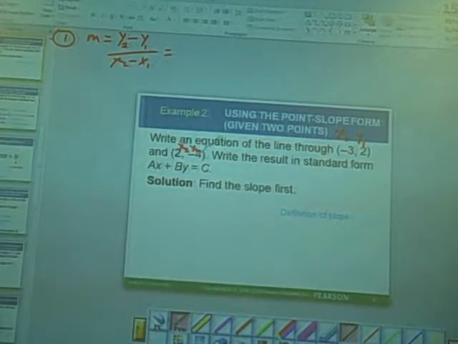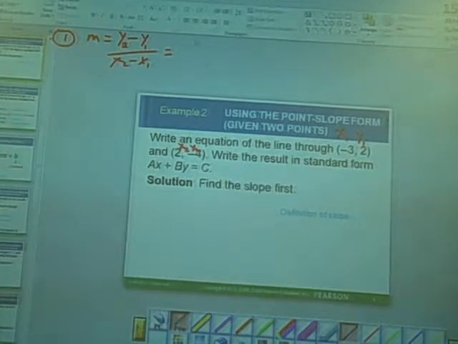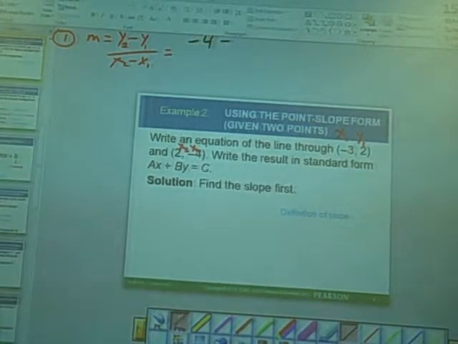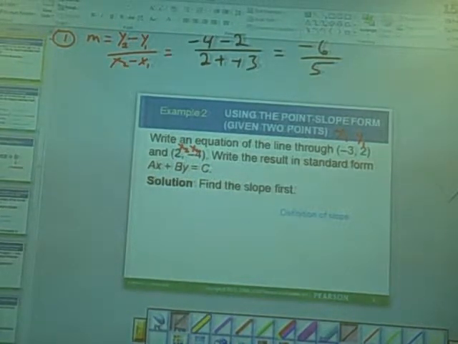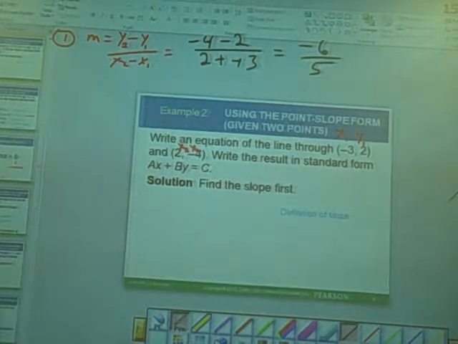So this will be -4 minus 2 over 2 minus the -3. And that'll be plus. So you should have got -6 over 5. Okay, questions with that? Step 2, you're going to put it in the point slope equation.